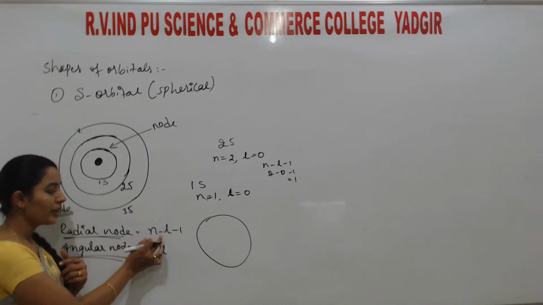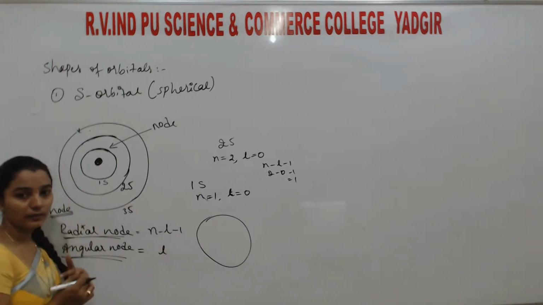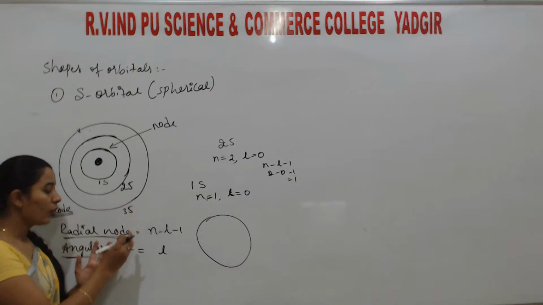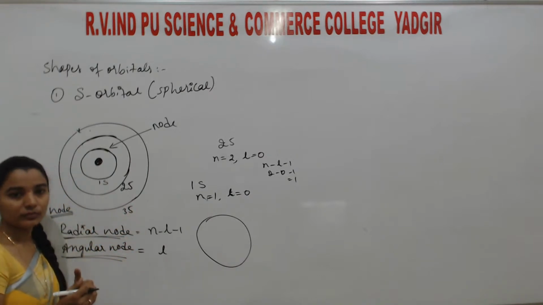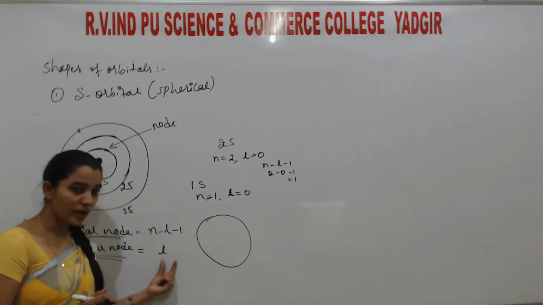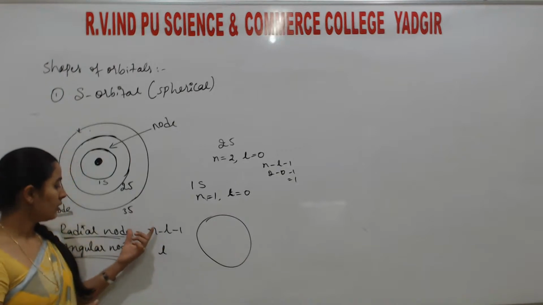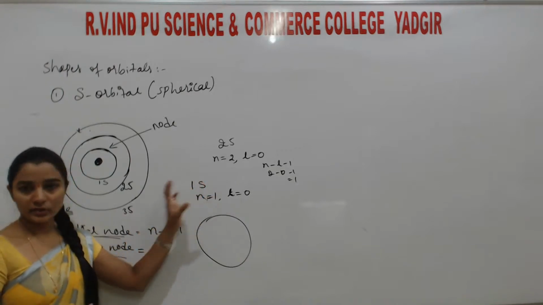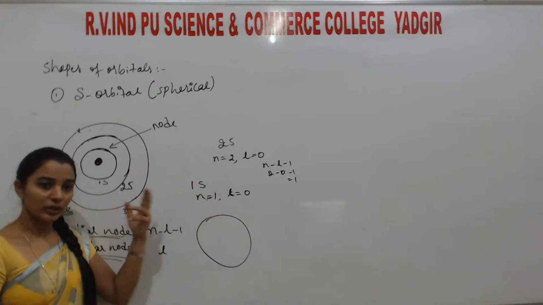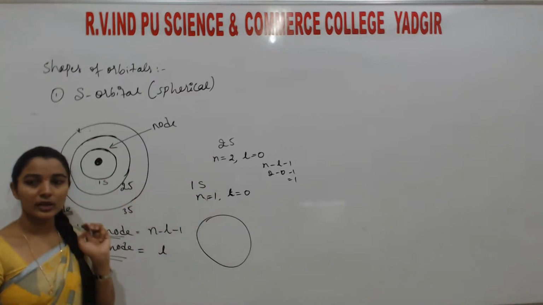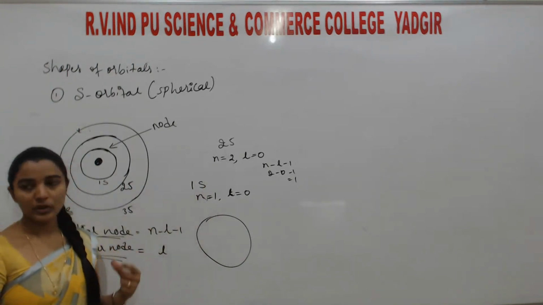The radial node formula is n minus l minus 1. The angular node formula is l. For s orbital, only a radial node is there, no angular node, because l value is 0. So for 1s orbital, there is no radial node. For 2s orbital, only one radial node. 3s, 2. 4s, 3, like that. According to this formula, we need to find it.